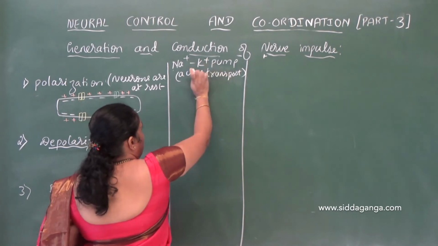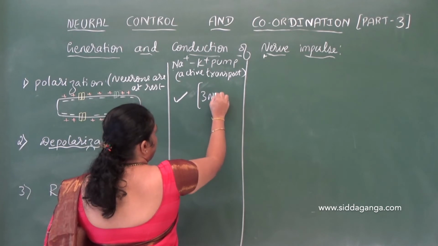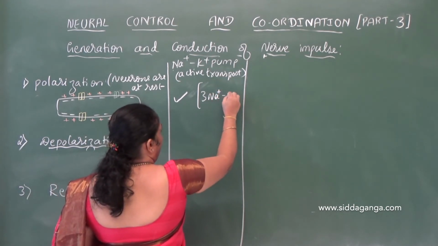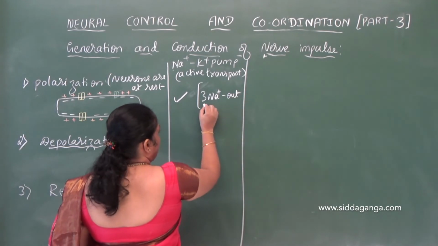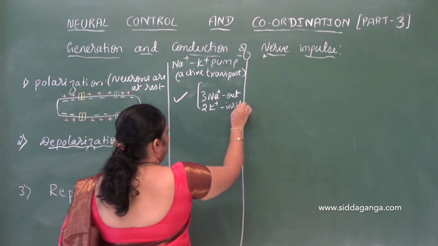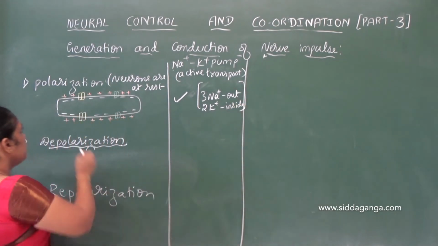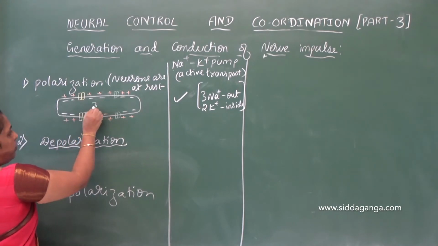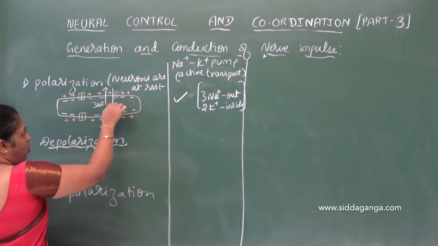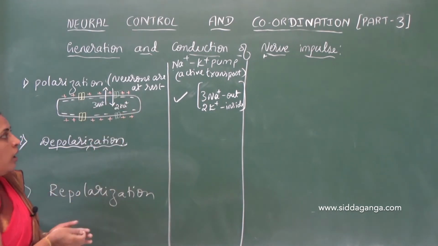So what happens here? 3 sodium ions will move outside and 2 potassium ions will move inside the cytoplasm. 3 sodium ions will move outside, 2 potassium ions will come inside.